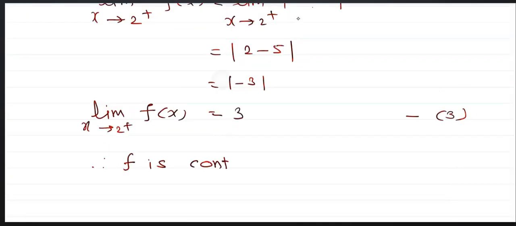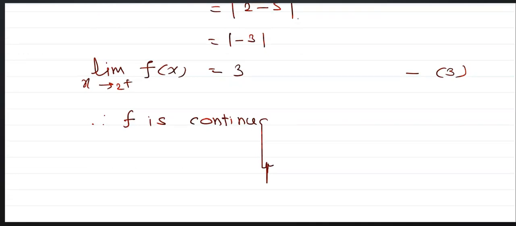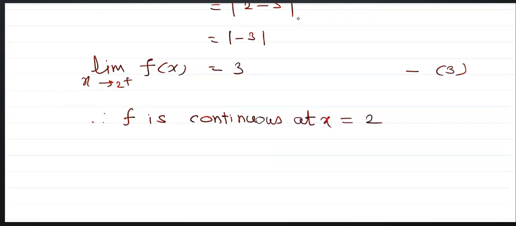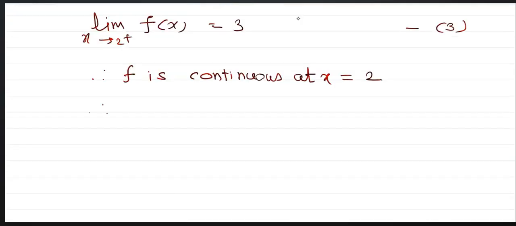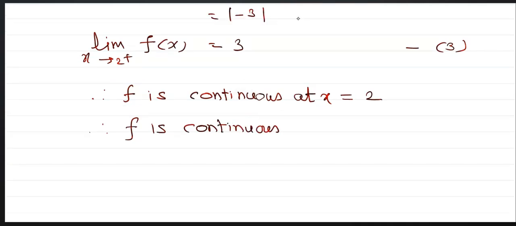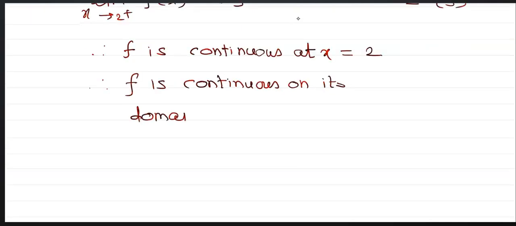Therefore, the given function is continuous. f is continuous at x is equal to 2, and hence f is continuous on its domain, the closed interval minus 3, 7.